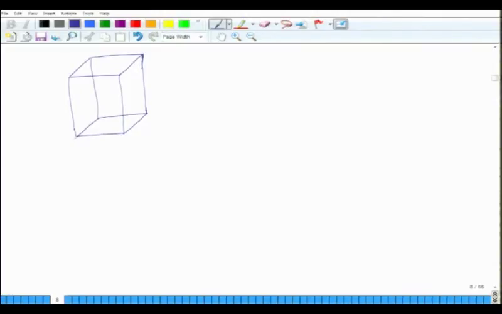Okay. So, this is the tetragonal. Here A is equal to B, which is not equal to C. So, you have 2 lattice parameters, A and C. Now, which one is this face?